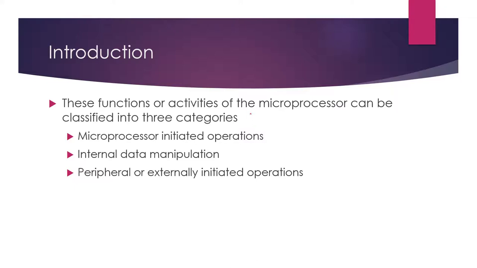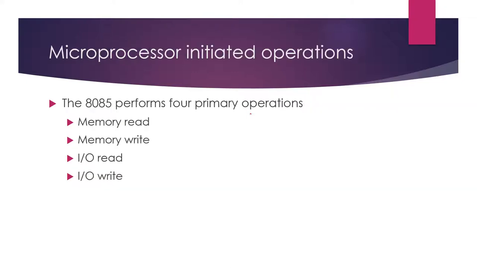Whatever the microprocessor does internally is called internal data manipulation. And whenever an external device gives an interrupt or any signal to the microprocessor, all those operations are known as peripheral or externally initiated operations. We will start with the microprocessor initiated operations.